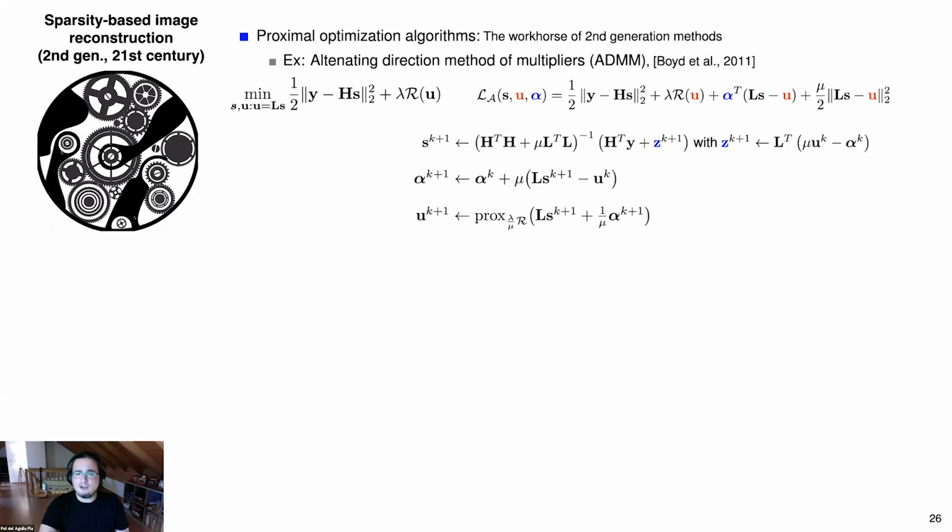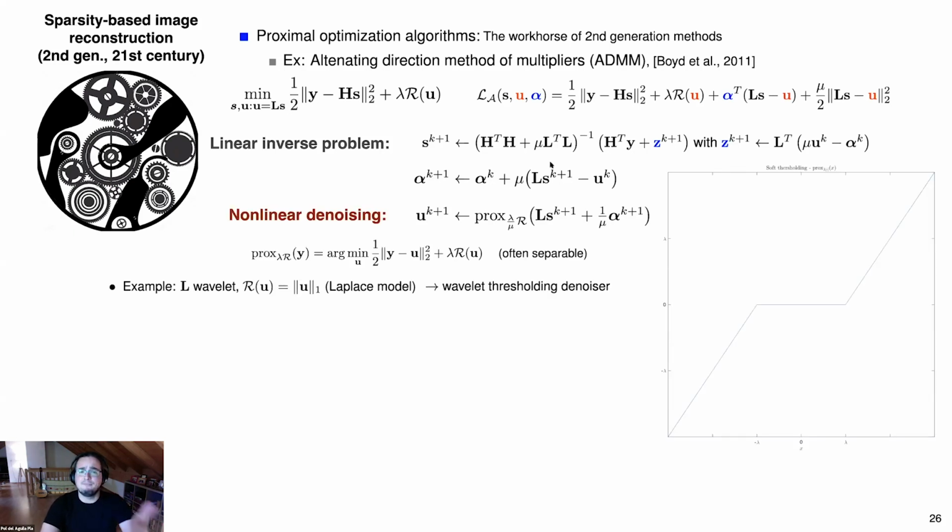The ADMM algorithm is separated in these three steps, in which the first one is a linear inverse problem. So it's the equivalent of solving a Tikhonov regularized problem in first generation. And the second updates the Lagrange multipliers, while the third takes care of the regularization. And it's in the form of a proximal operator, which is another minimization problem that usually has a pointwise solution.